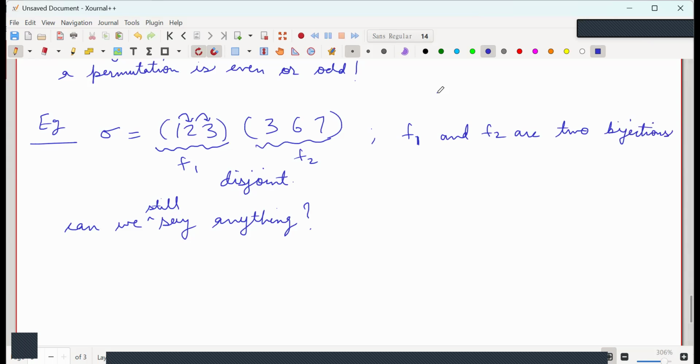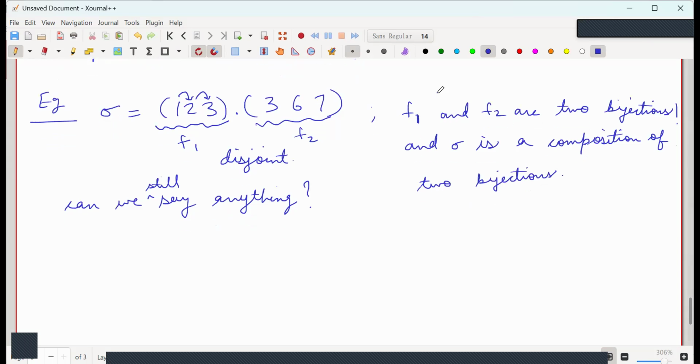So good, you are getting things. These two are bijections, and this notation means sigma is a composition of two bijections. So now how to obtain the resultant composition?